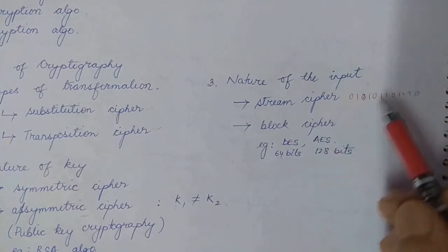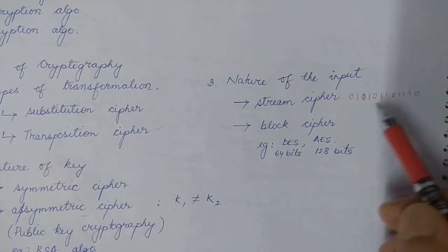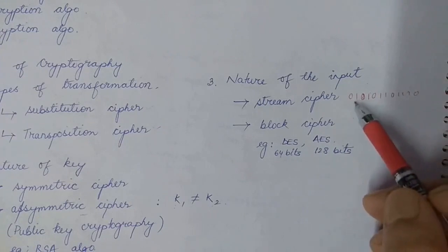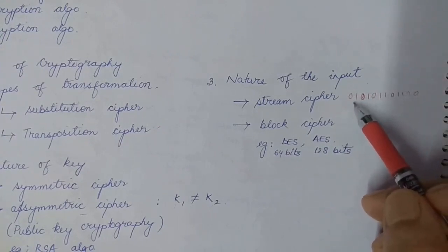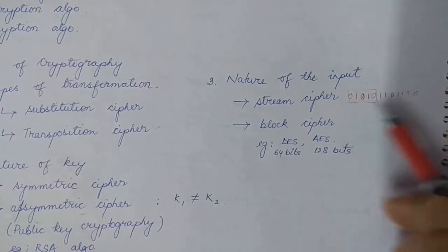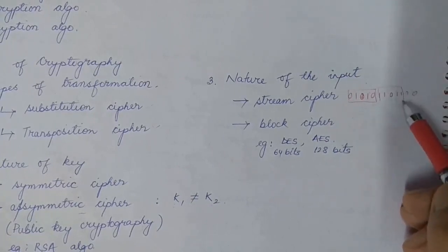So in case of block cipher, instead of providing these continuous binary numbers, you just make a block here. How many bits make one block is left to you, or left to that particular algorithm. So maybe 1, 2, 3, 4, 5 make the first block, then 1, 2, 3, 4, 5 makes the second block, and so on.